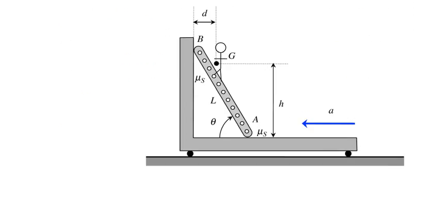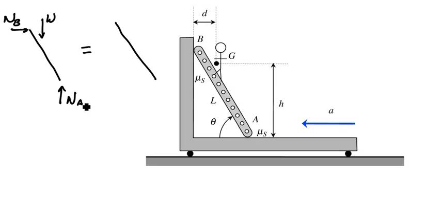Okay, so since we're looking for a coefficient which is embedded into a force, it makes sense that we're going to want to treat this problem using Newton's second law. And so I need to start, as we always do, by writing a free body diagram for this system. So in this case, if we look at forces, first of all we know the weight will be acting at point G. We'll have normal forces at NB and NA, which account for the contact between the ladder and the wall.